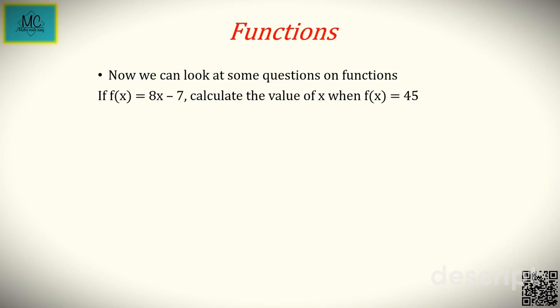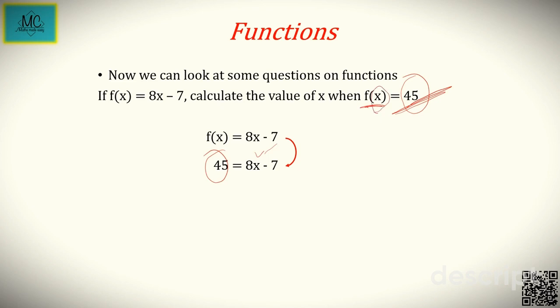Now, the next question tells us that we already have an output. We need to find the value of x here. So what we're going to do is rewrite the function and substitute the value of the output. This is my output, 45. I'm not going to change any value for the x, because they are saying f of x is equal to 45, which means I still need to find the x value.